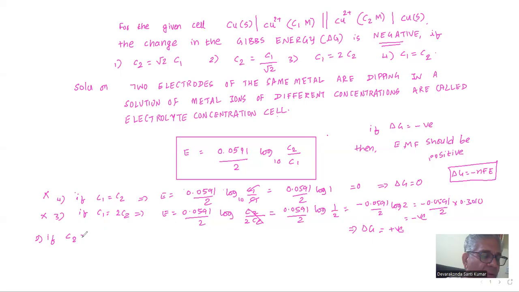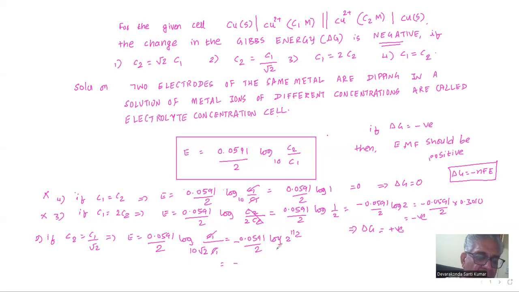Now, if C2 is equal to C1 by root 2, that implies E is equal to 0.0591 by 2 log C1 by root 2 by C1. C1 gets cancelled. That is equal to 0.0591 by 2 log 1 by root 2. Log 1 by root 2, we can write down as minus log 2 to the power of half.